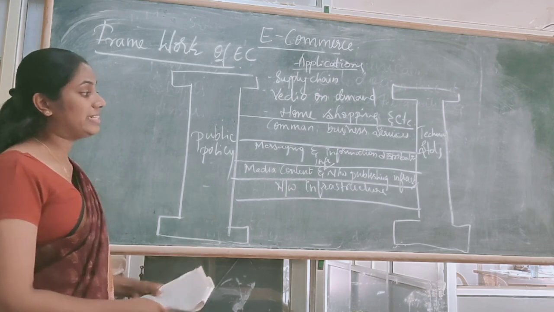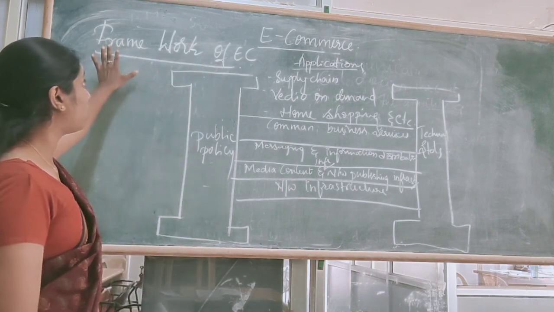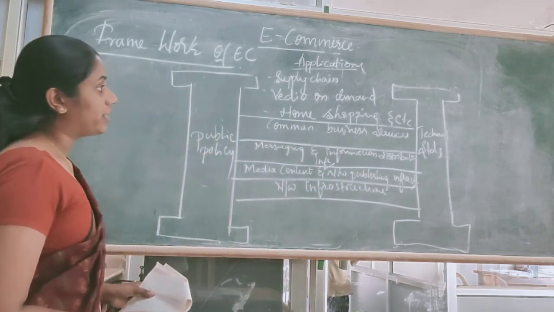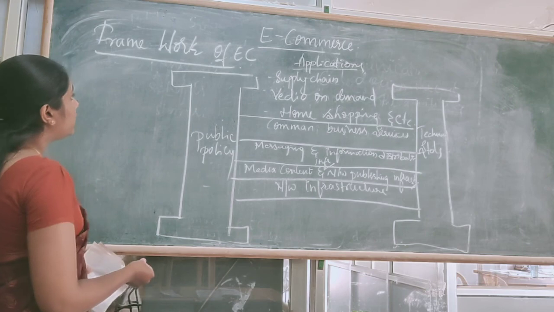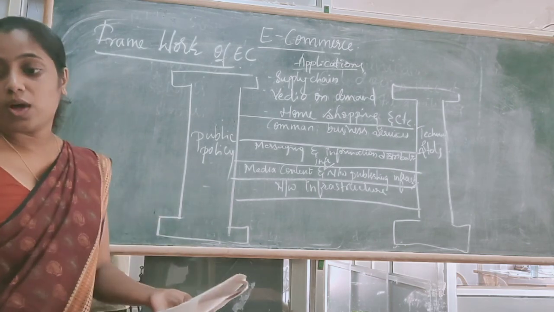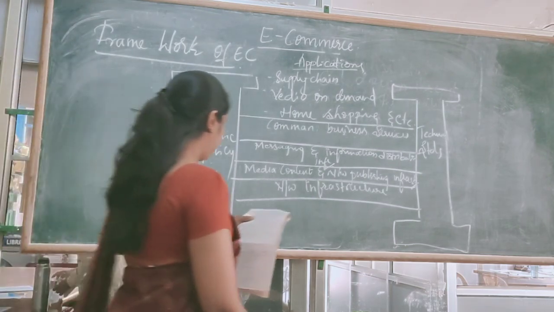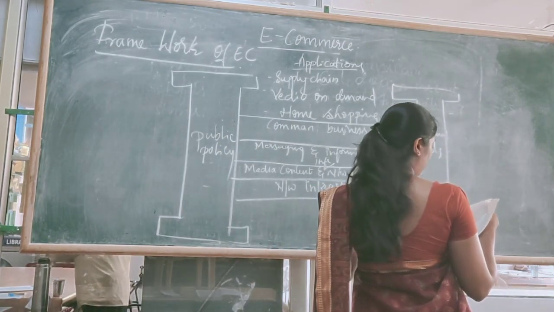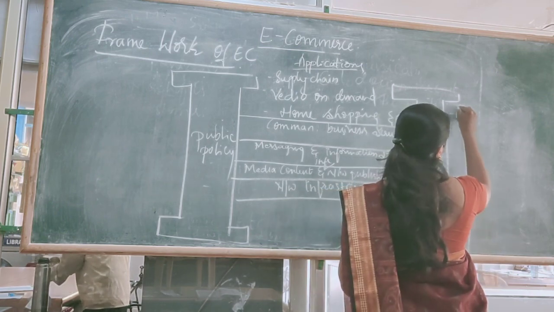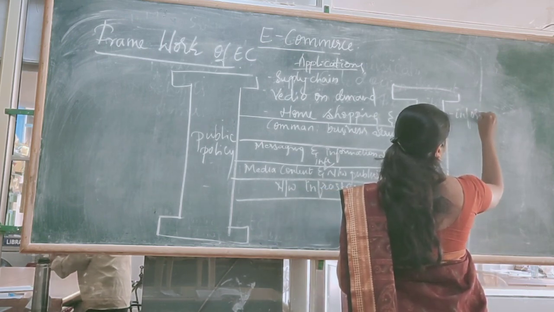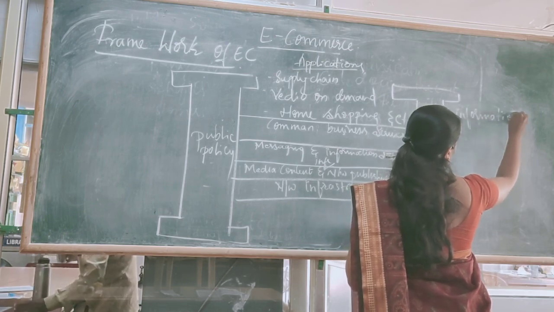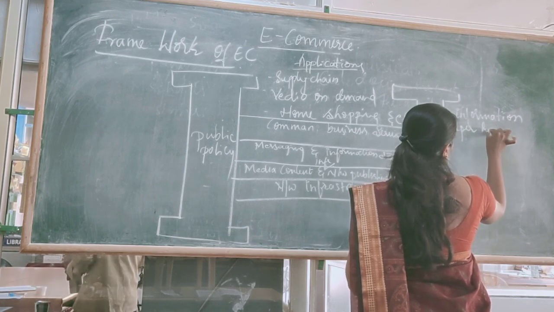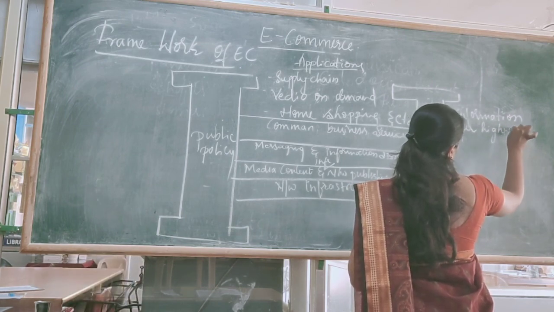The first building block of the e-commerce framework is network infrastructure. You can also call it the information superhighway. Okay?